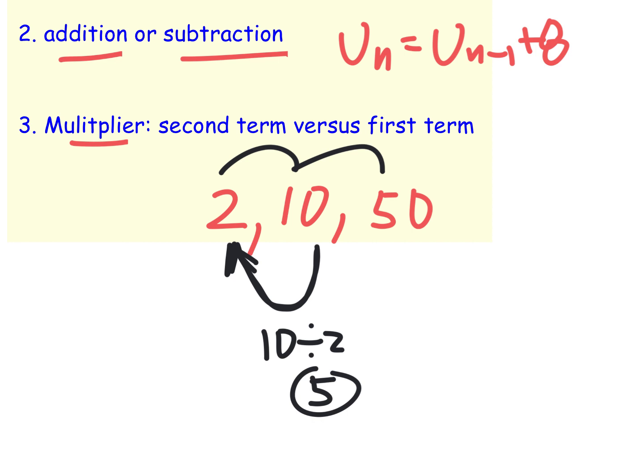That's the hardest kind to figure out. If you're adding something, it's pretty easy. Like everybody can figure that out. If you're multiplying by something, take the second one divided by the one to the left of it. So 50 divided by 10, it's 5. So apparently this is times 5 each time.